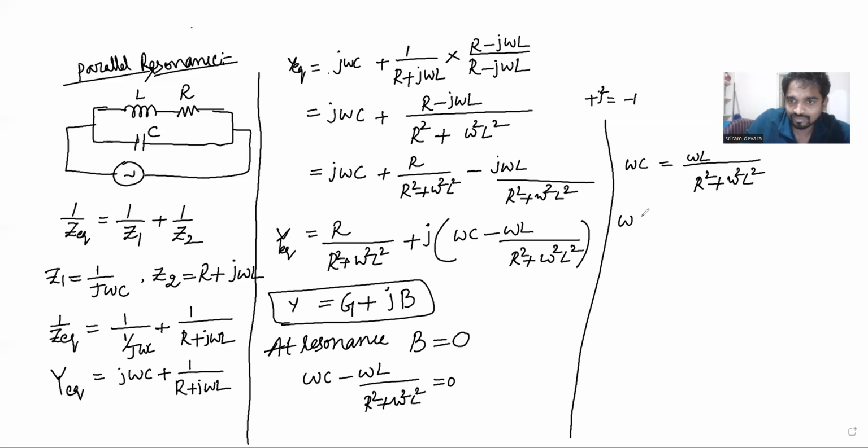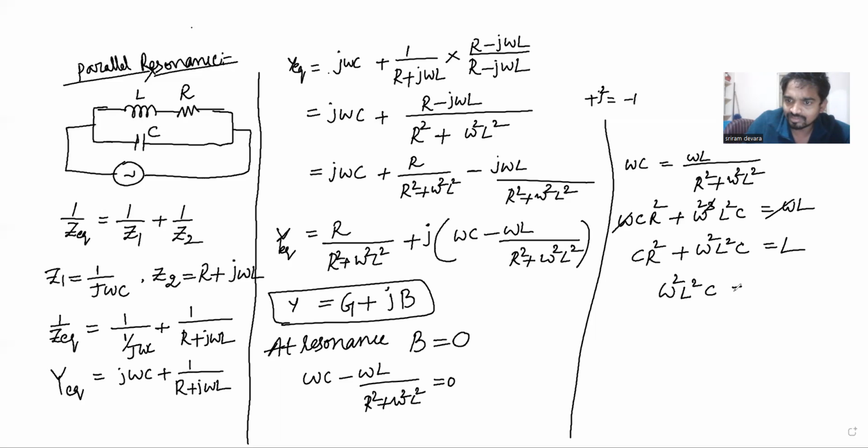If I cross multiply, omega C R square plus omega cubed L square C is equal to omega L. The omega cancels, so C R square plus omega square L square C is equal to L. So omega square L square C is equal to L minus C R square.